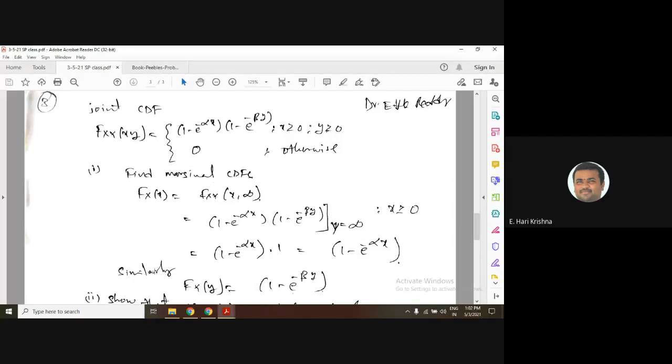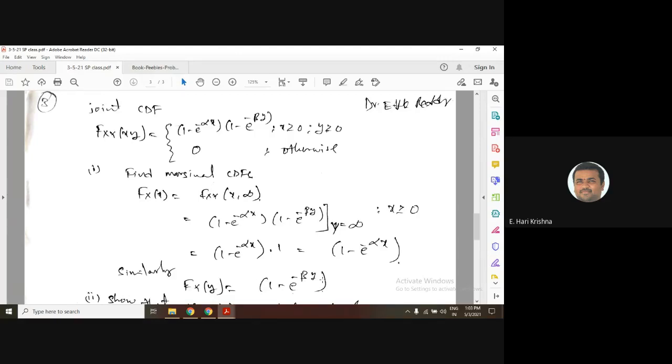Similarly, Fy of y: substitute x equal to infinity, e power minus infinity is 0, 1 minus 0 is 1. Similar answer: 1 minus e power minus beta y. And you can see the conclusion.